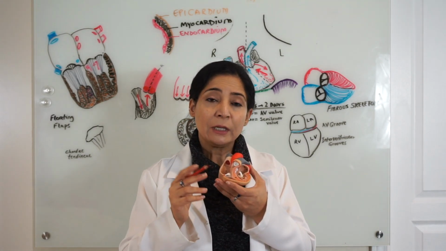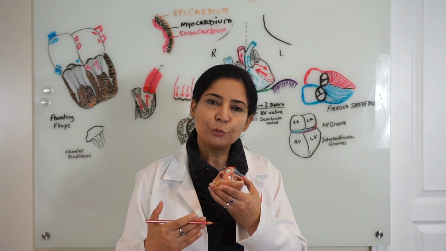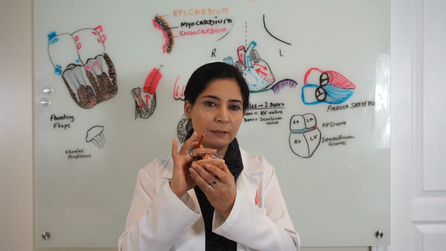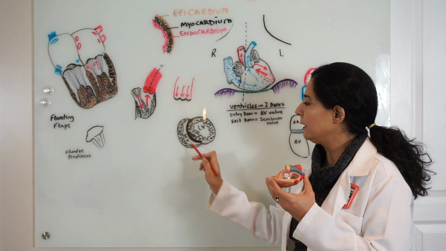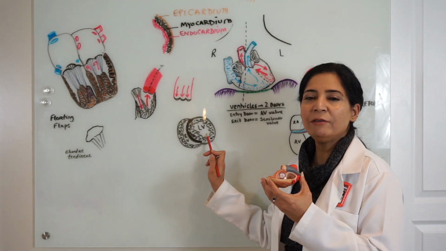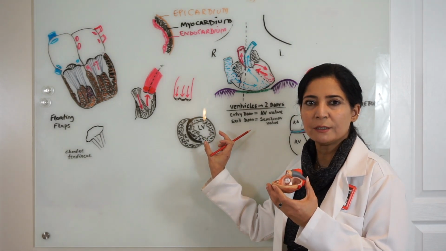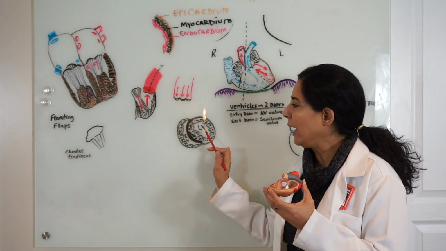Okay? Now, if I take a cut section, a cross section through the two ventricles of this model, and show it to you on the board, here it is. You can see the cavity of the left ventricle is almost rounded. The wall is much thicker and the cavity is rounded. Why?